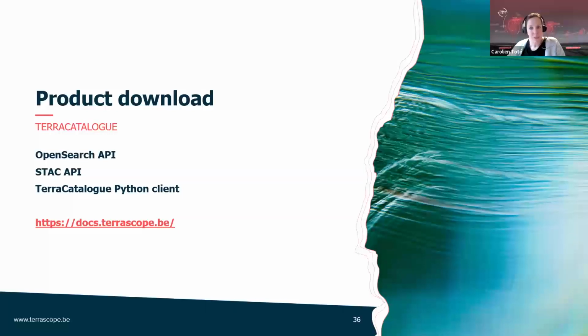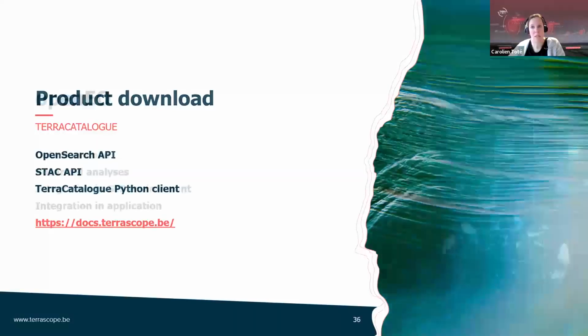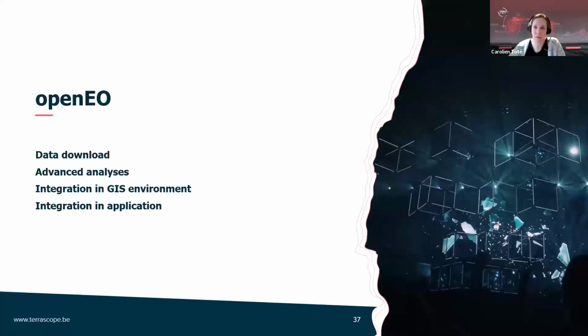Of course, in these modern times, you don't need to download all products. There are other options, for example, using a Terrascope virtual machine, as I will show later, or you can access data via OpenEO, and then you don't need to download data.